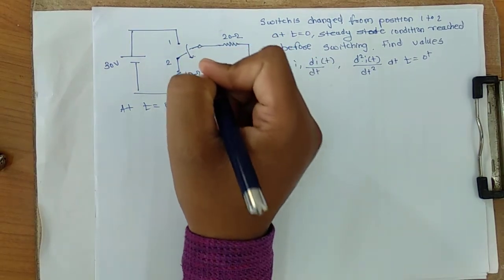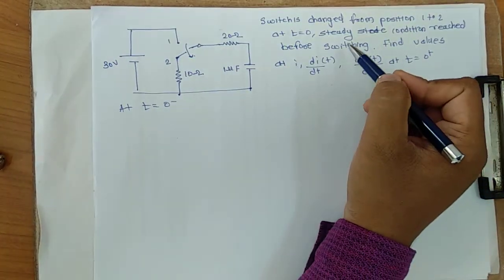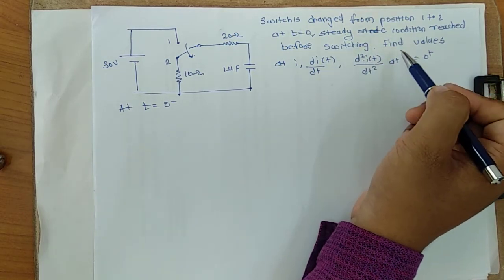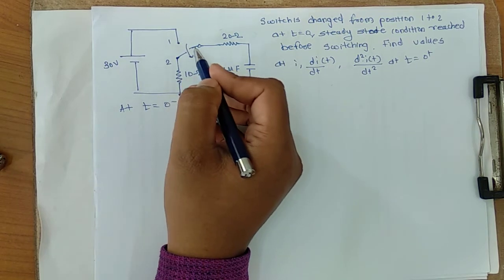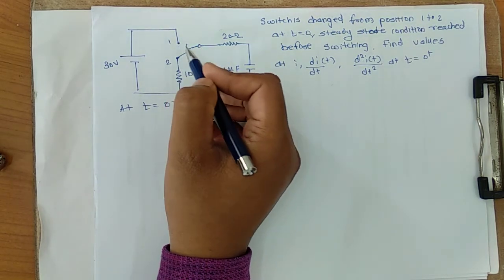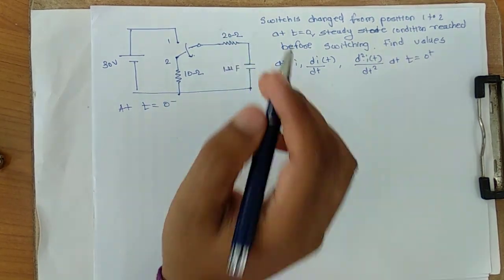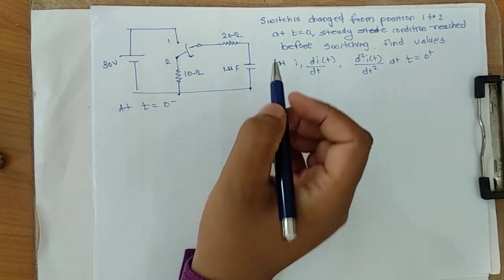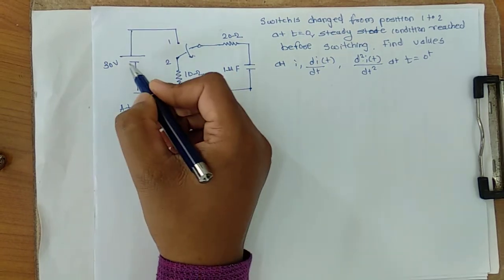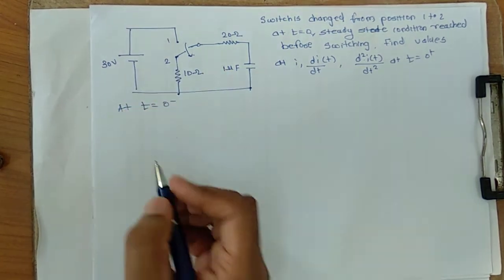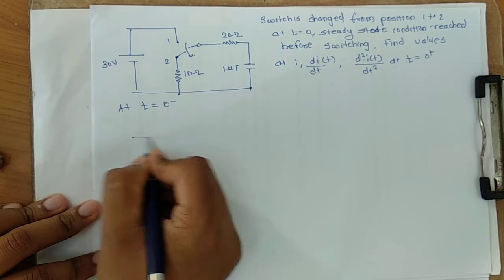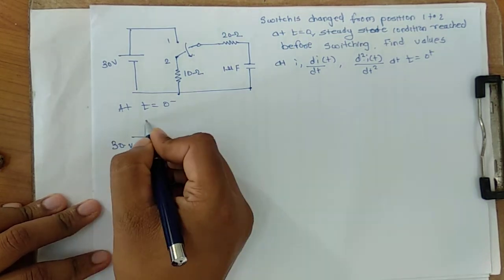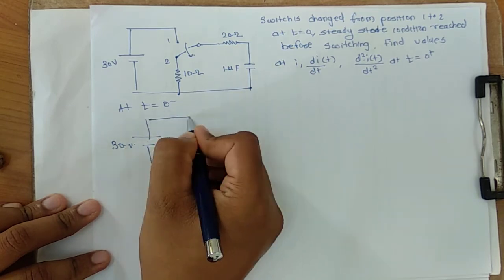When the switch is at position 1, what was the condition given? A steady state condition was reached before switching, meaning from going from 1 to 2, the circuit was in a steady state, meaning a voltage was created across the capacitor and there is a 30 volt voltage source. So the 30 volt source will be there before switching.